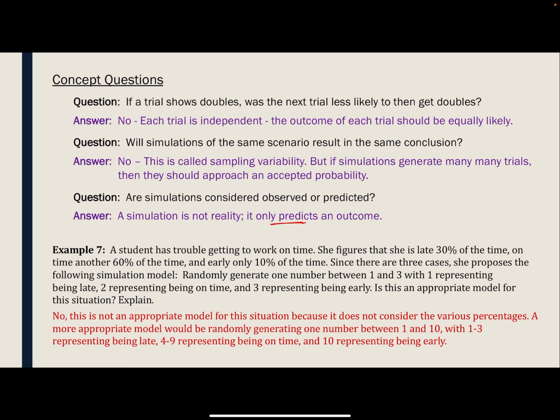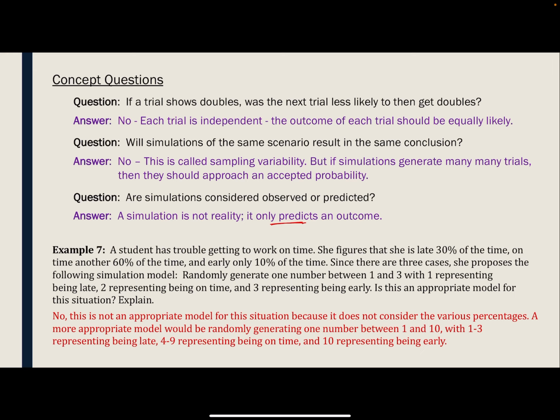What's a better idea is if we generate 10 numbers and we let 3 out of those 10, meaning 30% of the numbers, represent being late, 6 out of the 10 numbers represent being on time, and 10% of the numbers, or one number, represent being early.